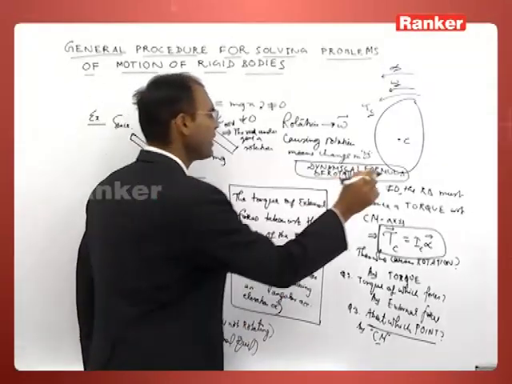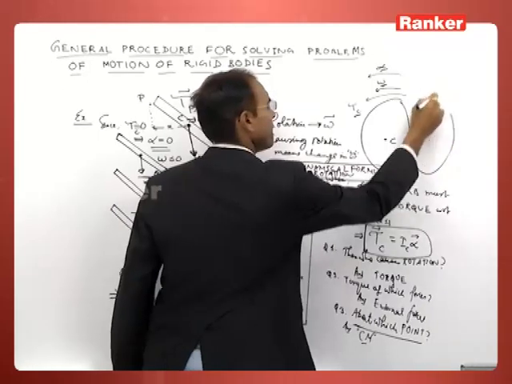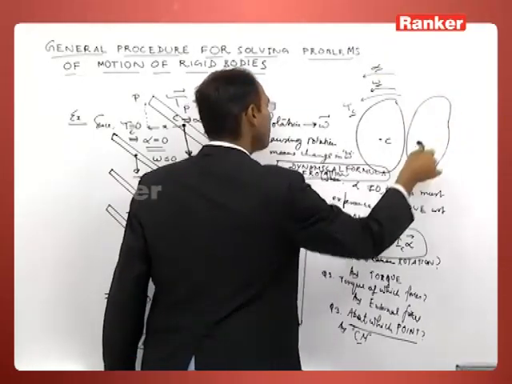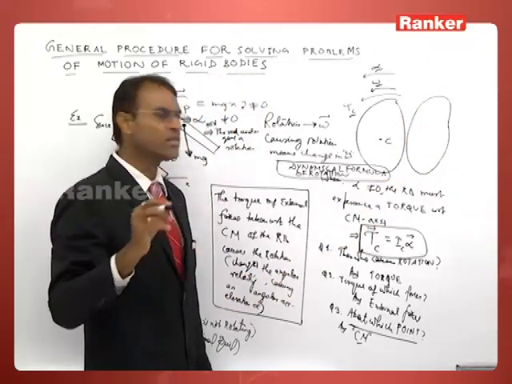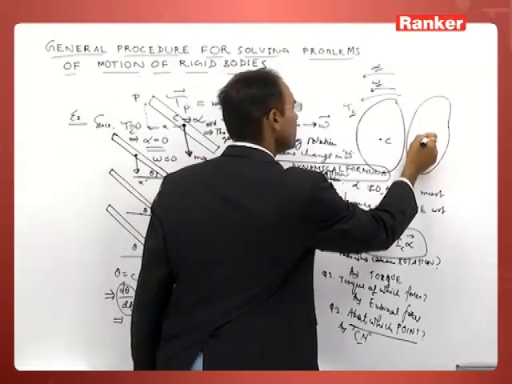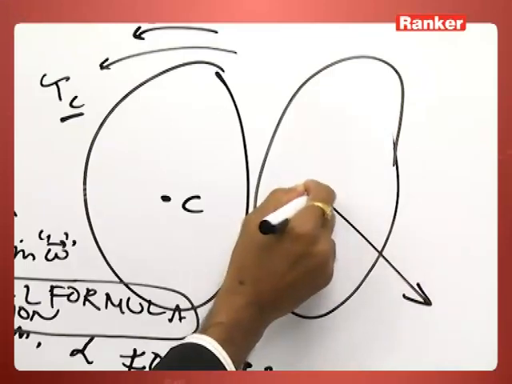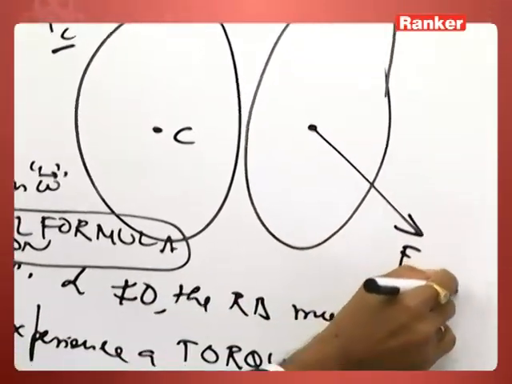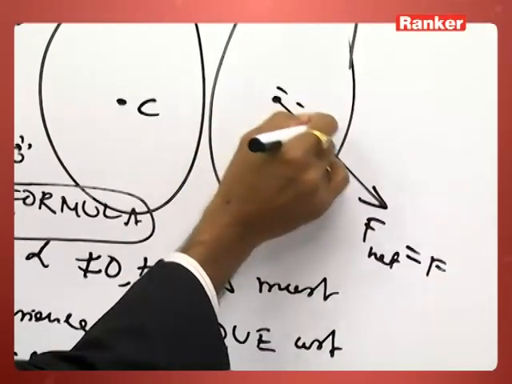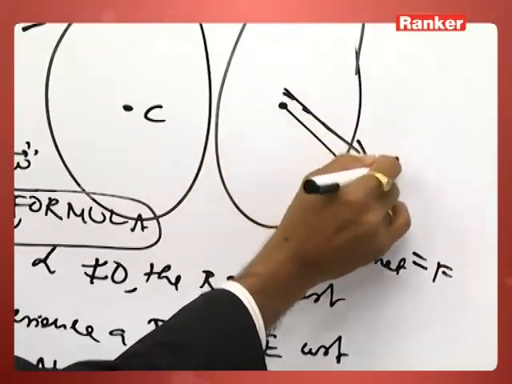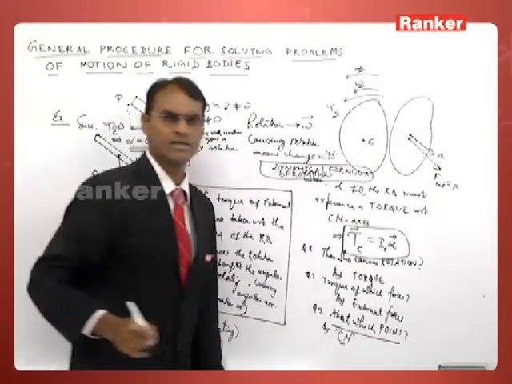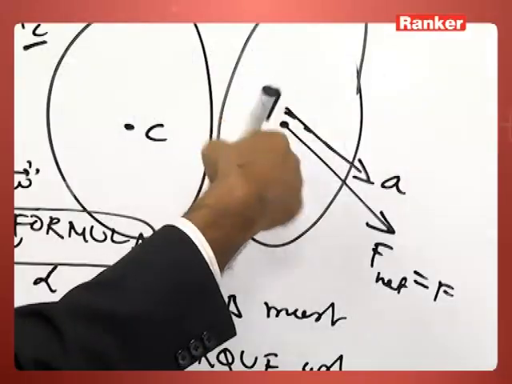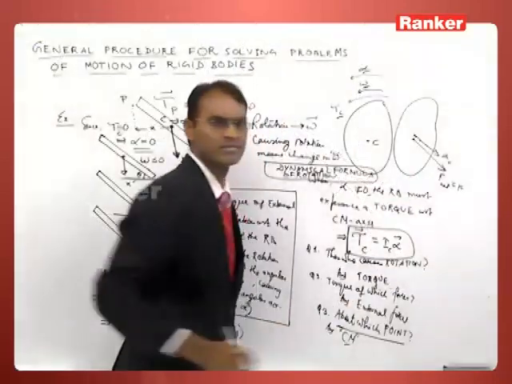You take the rigid body, and the net force acting on the rigid body is supposed to be acting at the center of mass. Let it be F. And this force causes linear motion, meaning change in velocity of the center of mass.